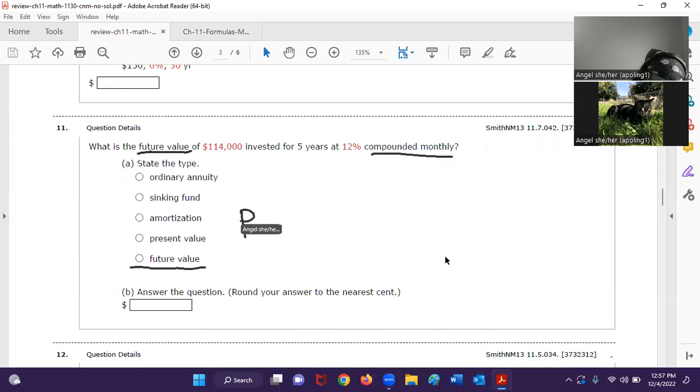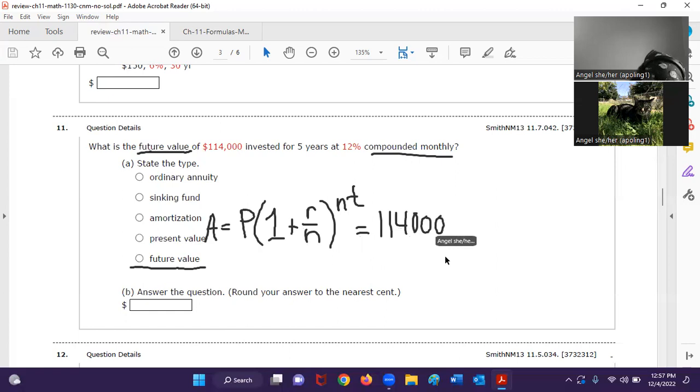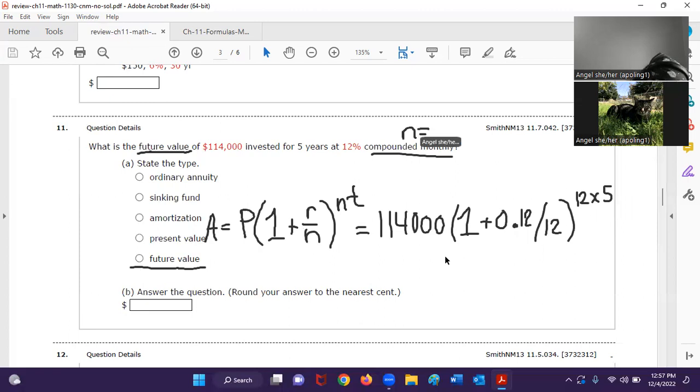So the lump sum, like we were looking at before, so A equals P times 1 plus R over N raised to the NT. So fill in your equation. 1, 2, 3. Okay, so N is 12 because it's compounded monthly.